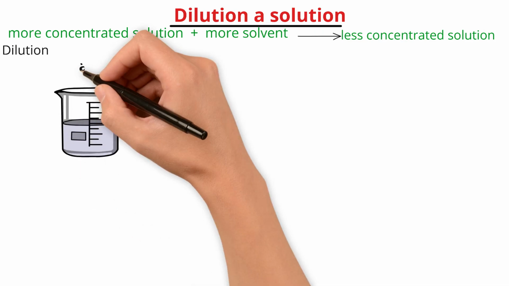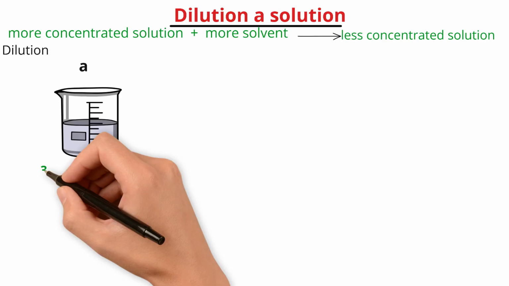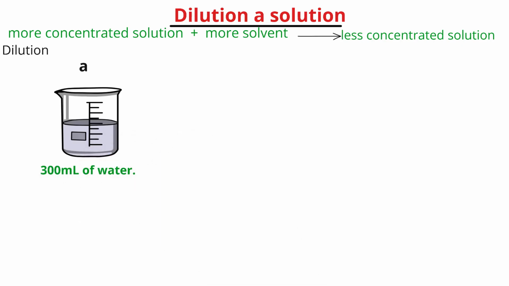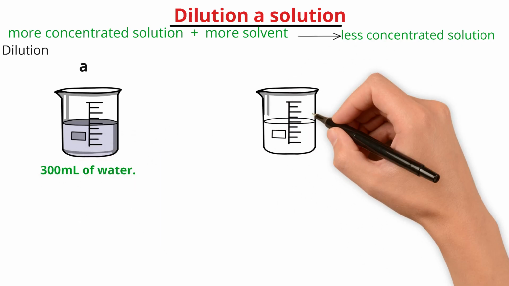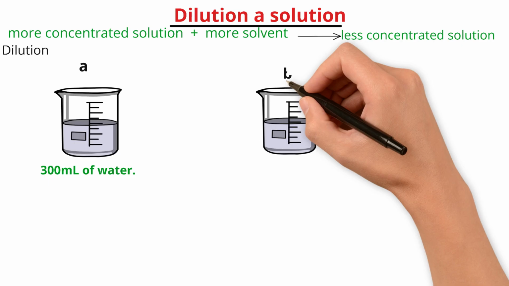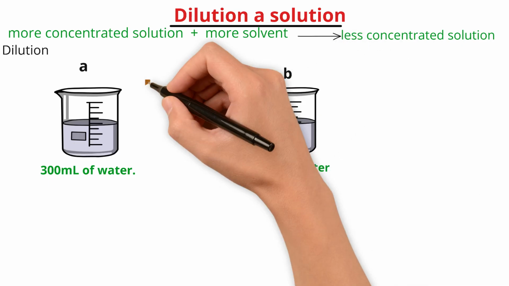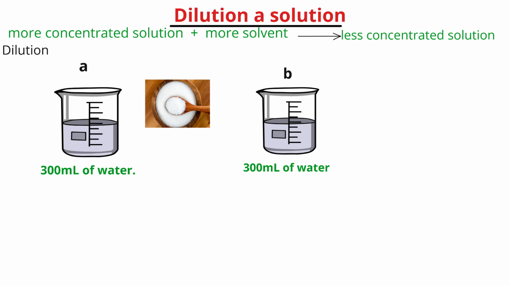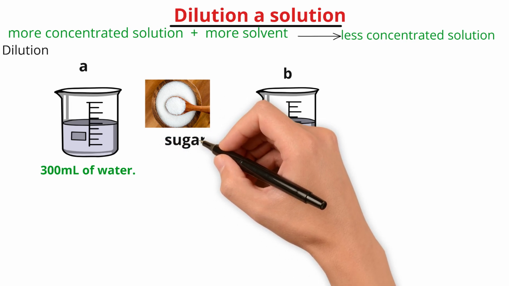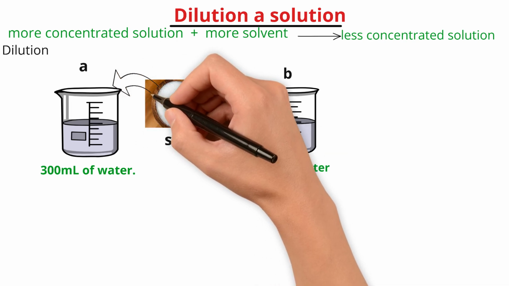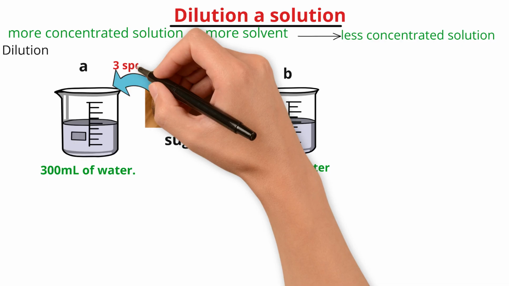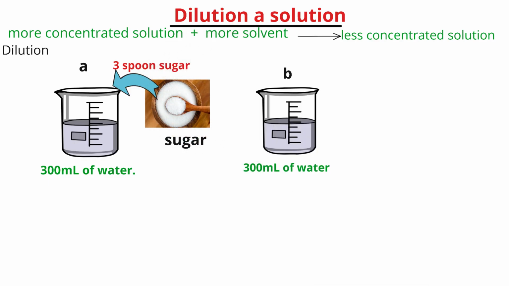Now let us consider beaker A, which contains 300 ml of water. Beaker B contains again 300 ml of water. The solute here is sugar, and let us add 3 spoons of sugar in beaker A, and these 3 spoons of sugar dissolve in 300 ml of water to form sugar solution.